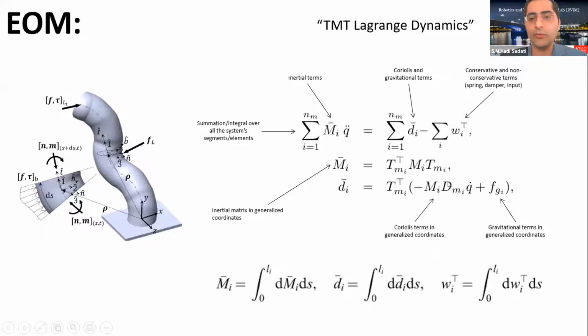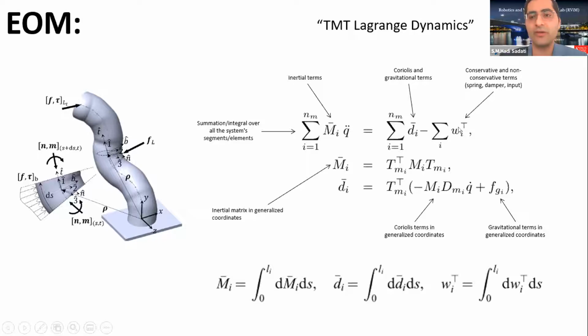In the TMT dynamics formulation, you end up with a summation over all the elements in the system. The mass matrix you have to form based on a Jacobian transformation from the Cartesian space to generalized coordinates, based on the states that you chose to model your robot. The Coriolis and gravitational terms combine the Coriolis terms and forces due to gravity, basically forces directly in the Cartesian space.